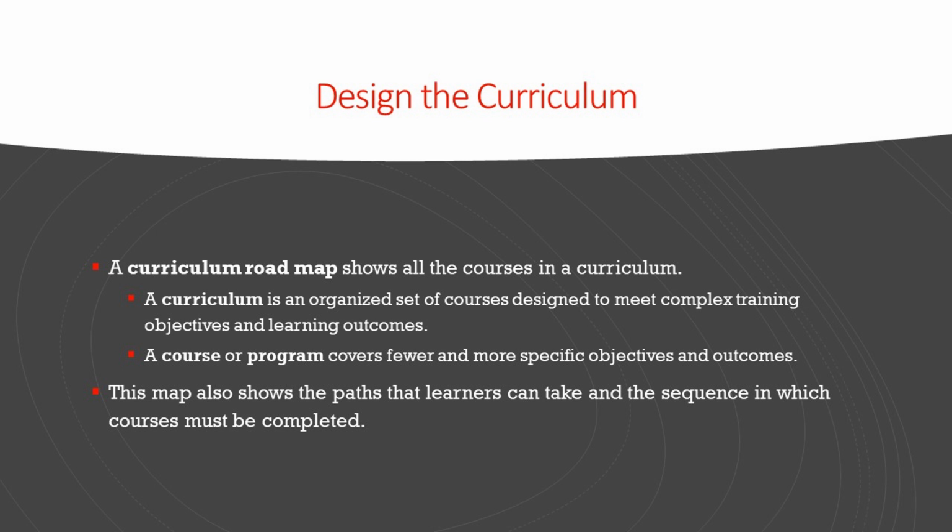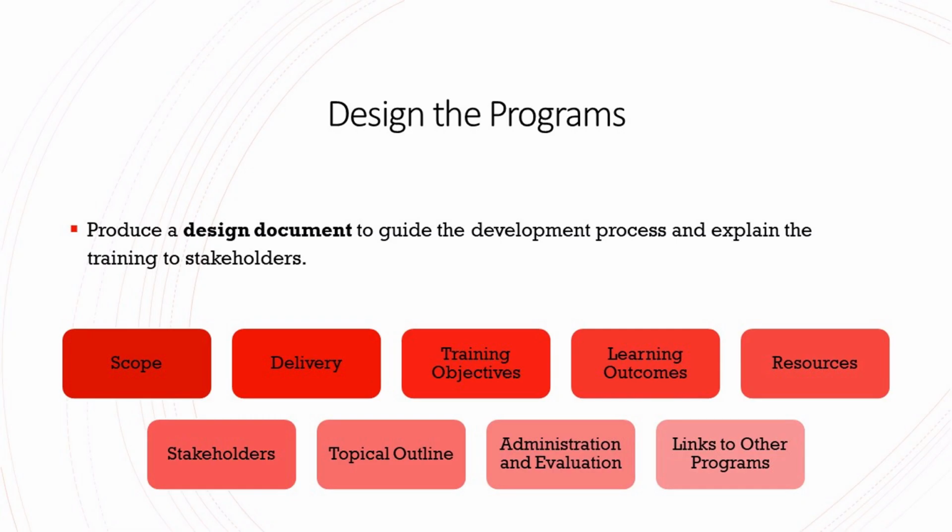gets what it expects. Once we've created a curriculum roadmap, we can create design documents for each course or program. This document contains a lot of information. It describes the scope of training, what trainees are expected to achieve, who they are, how long it will take to develop the course, and how long the course will last.